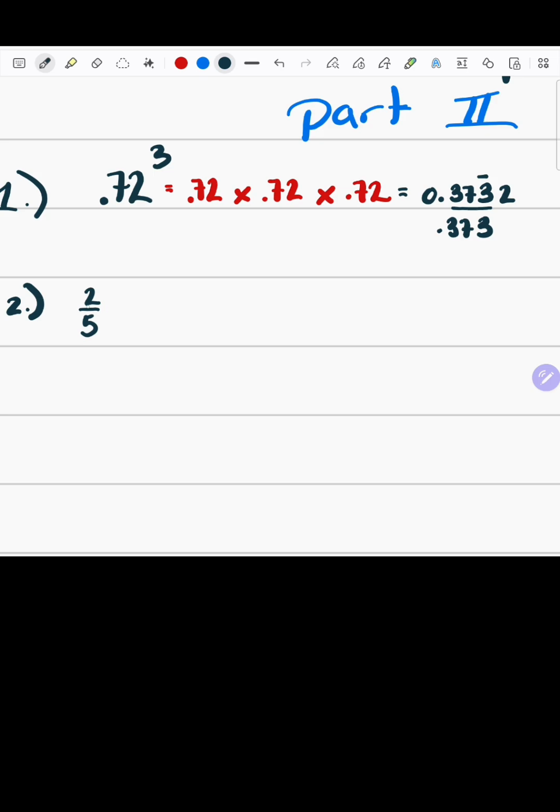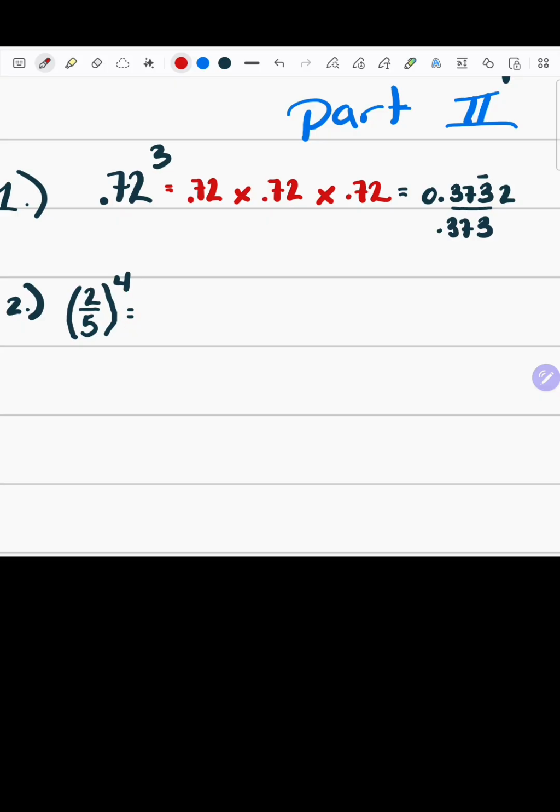Now, if 2/5 is my base, then I need a parenthesis with an exponent on the outside to let me know that I'm multiplying the whole fraction how many times? 4 times.